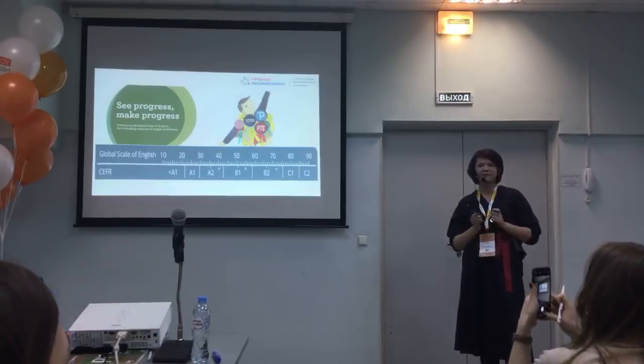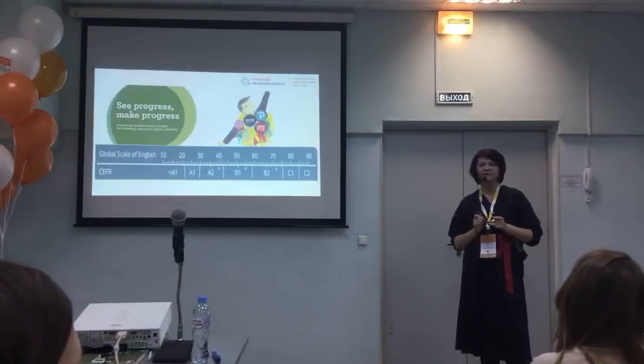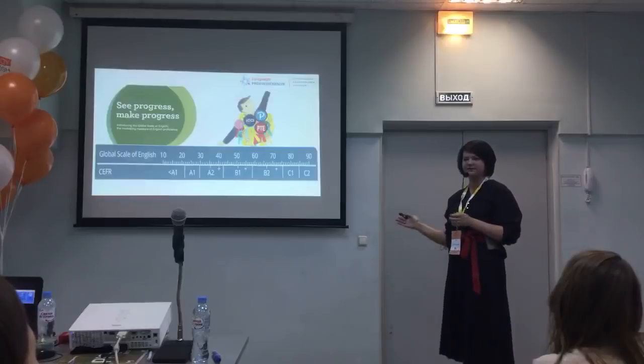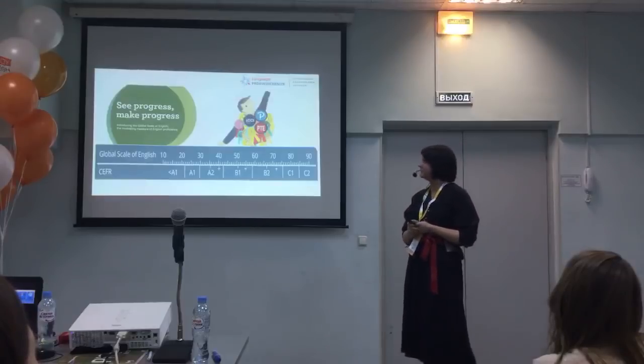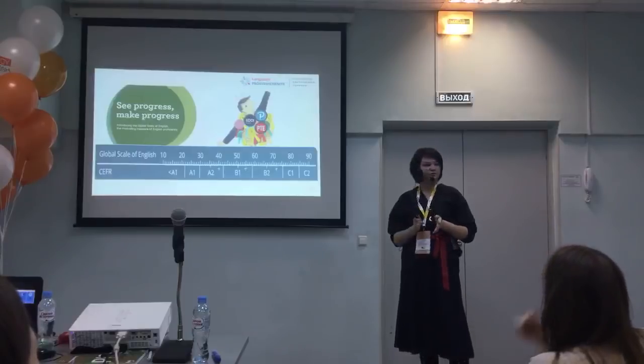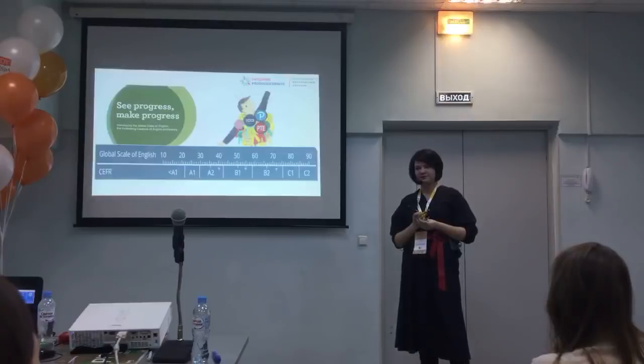Just because when our students are not aware of what they will be able to do tomorrow, in 2 days, in 3 days, in a month, they get some kind of demotivated. So how do we usually assess progress? We use the Common European Framework of Reference, right?